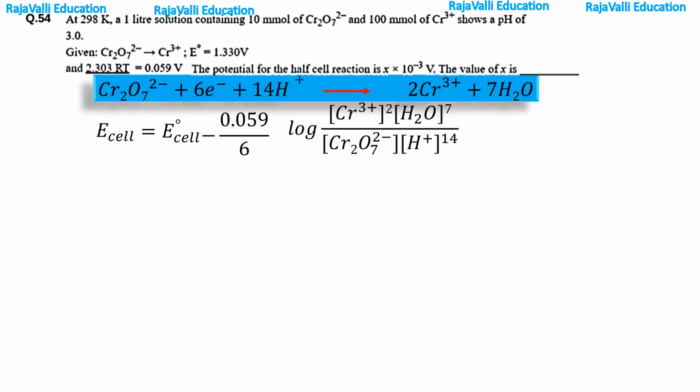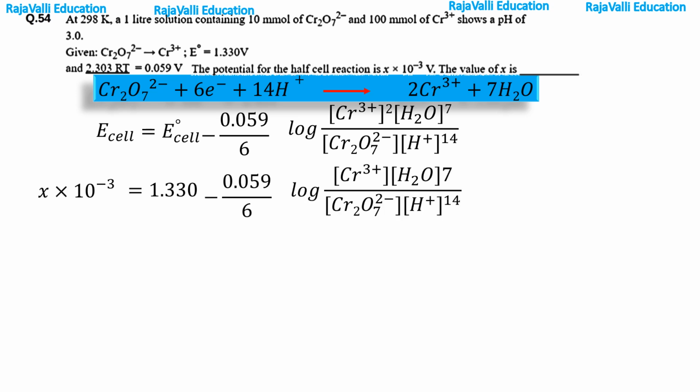E cell value is given as X into 10 to the power of minus 3 volt. E naught cell value is given as 1.330 volt, the concentration of Cr3 plus is given as 100 millimole, and the concentration of Cr2O7 2 minus is given as 10 millimole.